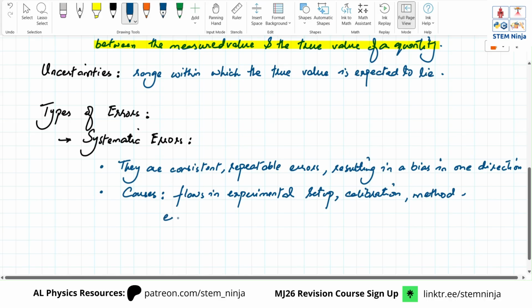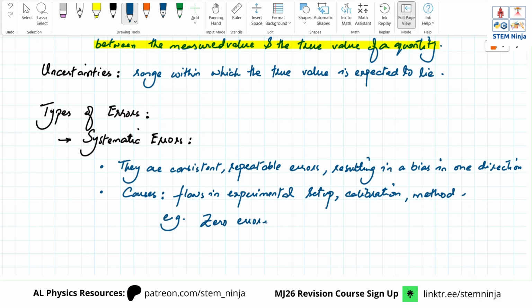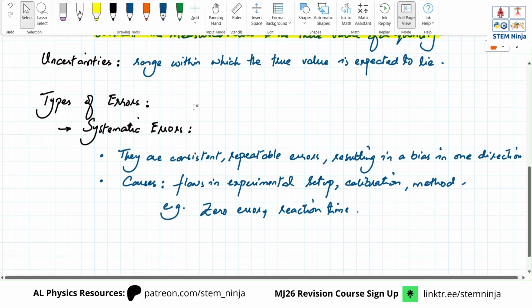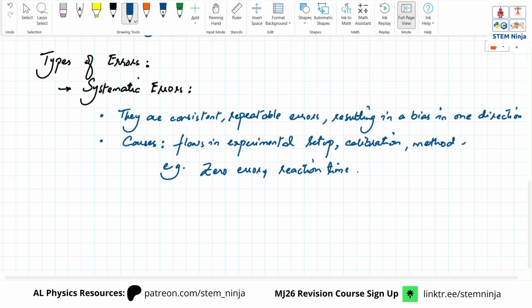For example, zero error is a type of systematic error. Another is reaction time. Reaction time is a systematic error. These are two common examples of systematic errors that we know.